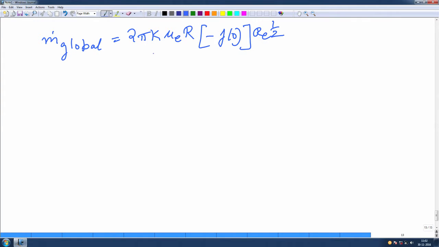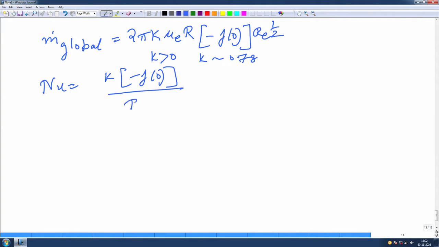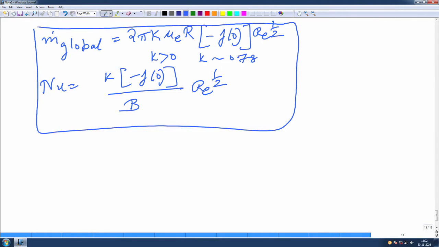When this k is greater than 0, normally k is about 0.78 something like that, okay, and the Nusselt number, so that you can use it, is given as minus F0 by B into Reynolds number to the power of half. These are the two main factors that even industry people are going to use again and again, right.